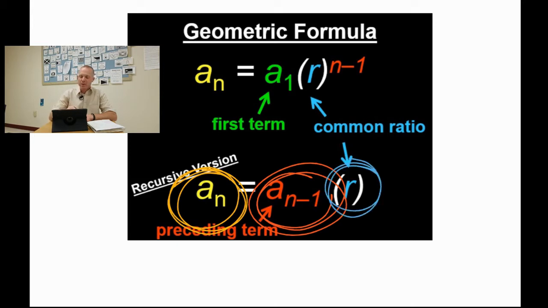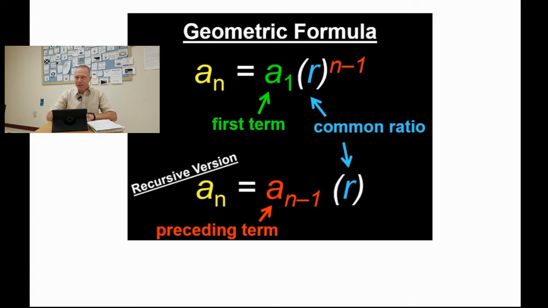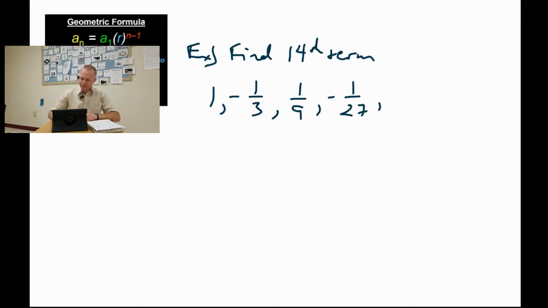If you really think about what's said here, it's not much of a formula. It just says to get the next term, I need the term before it times r. But that's a recursive formula, again, because I need to know each term along the sequence in order to get the next term. Let's do some math problems.